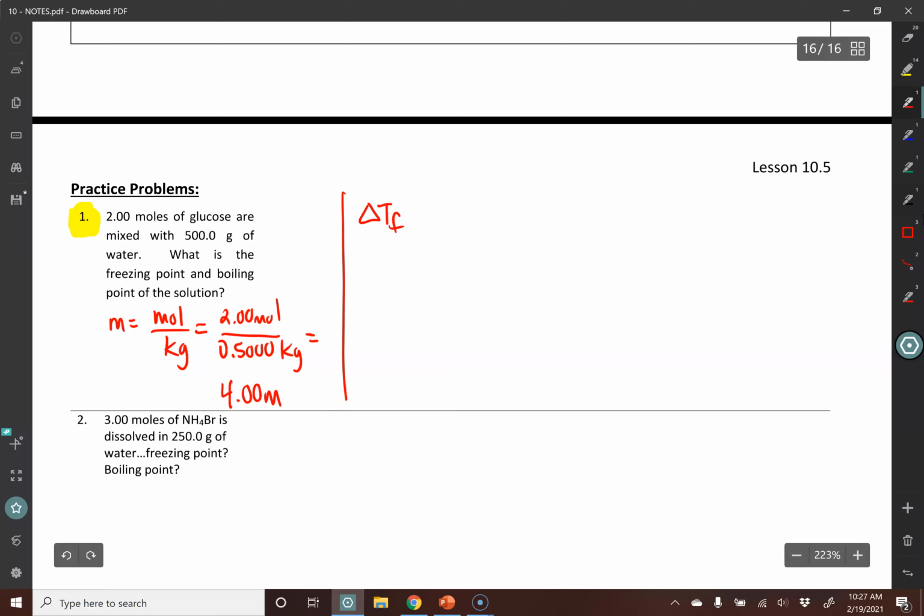I know that the change in the freezing point is going to be equal to the freezing point constant for water times the concentration of the solution times i. So we'll start plugging in what we know. I know that my freezing point constant is negative 1.86 degrees Celsius per molal.